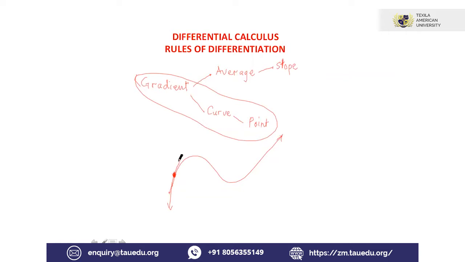As you can see, you have a straight line and then you also have a curve. If we find the gradient of this straight line, we call it the average gradient. And if we find the gradient of this particular curve, but at a particular point on the curve, then we call this type of gradient a derivative.